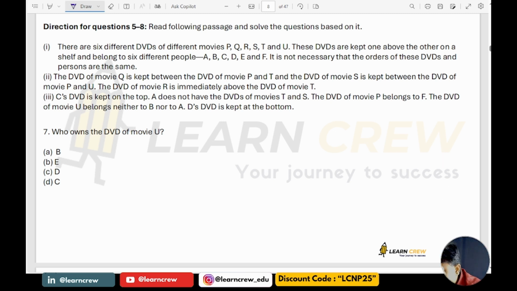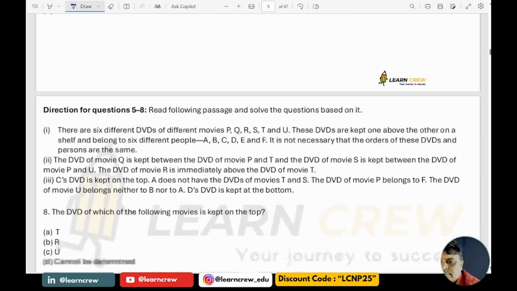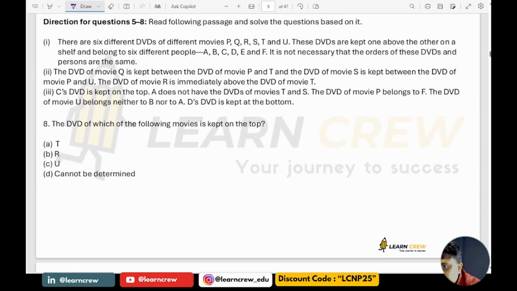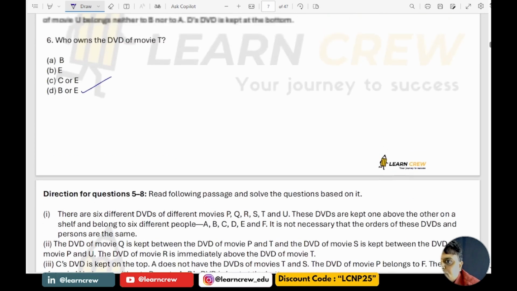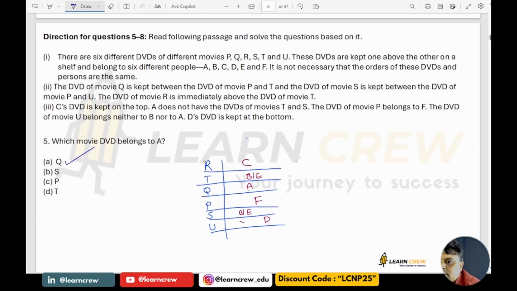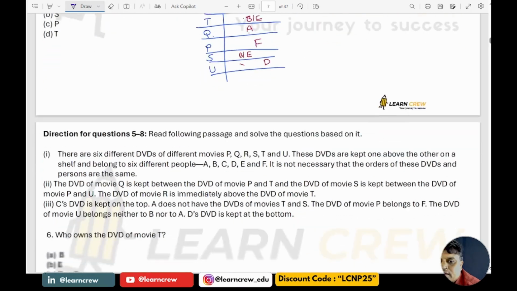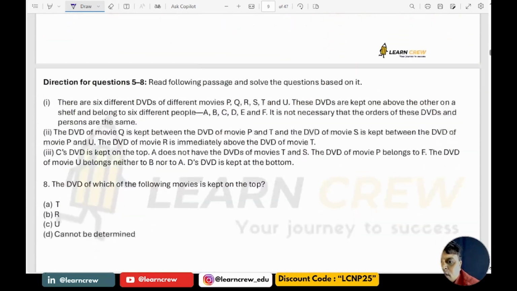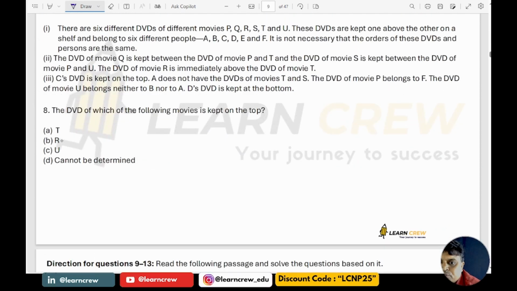Movie U, it is D. Next, the DVD of which of the following movies is kept at the top? I think it is R. It is R movie. So answer is R, which means option B. Option B is the answer.